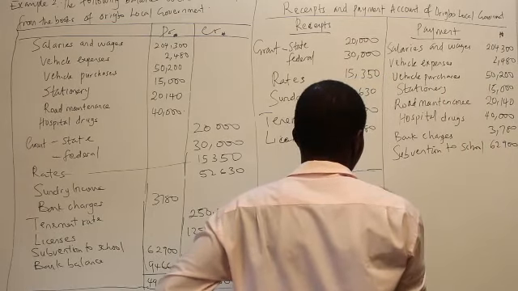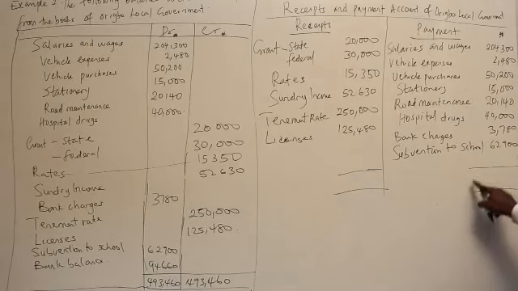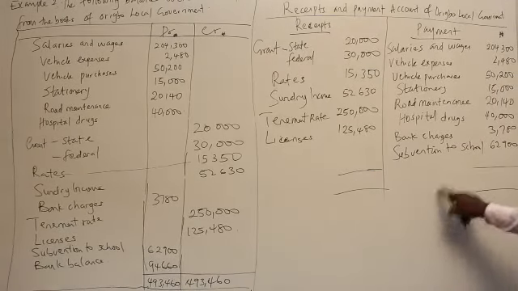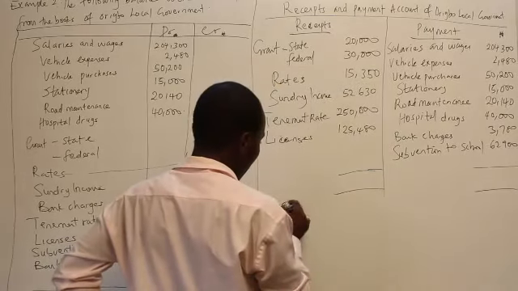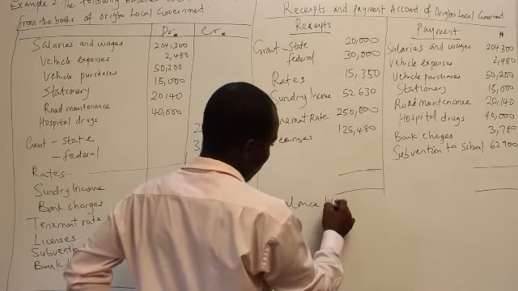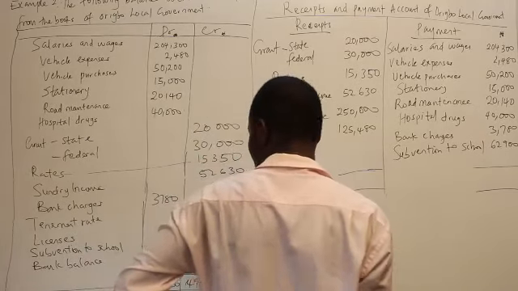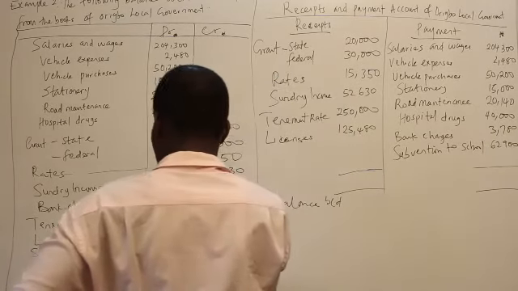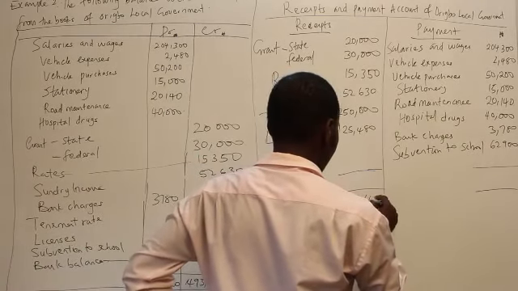Now, bank balance, that will be balance carried down on our receipts and payment account. It means the amount we are still having at the end of the period and is in the bank. So the amount we are having at the beginning of the period is 94,660.